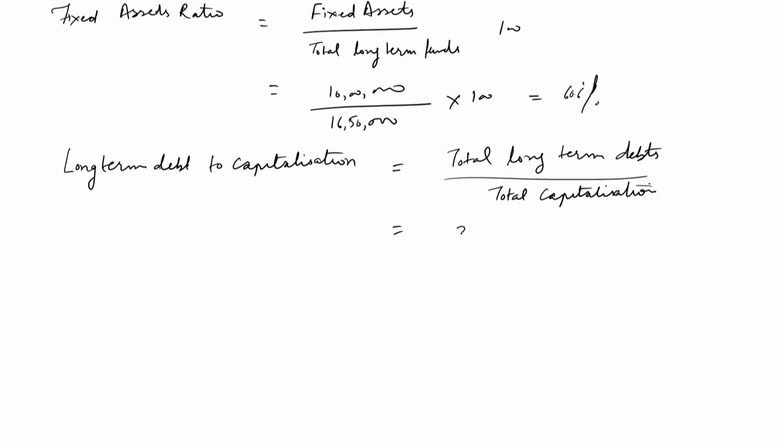Total long-term debts, as we have calculated so many times, amount to rupees 3 lakh 50,000, and the total capitalization of the company is 19 lakh 50,000, resulting in 17.9%, which shows that the company relies more on the equity source of financing than the debt source of financing.